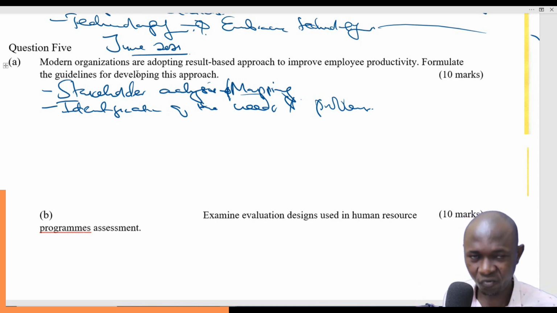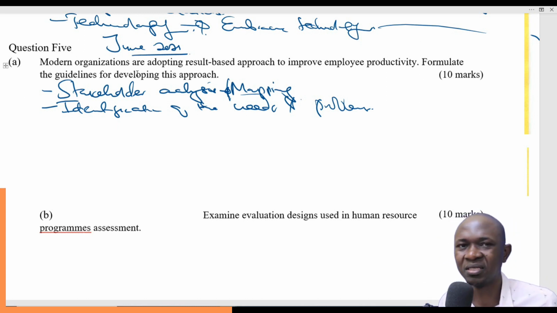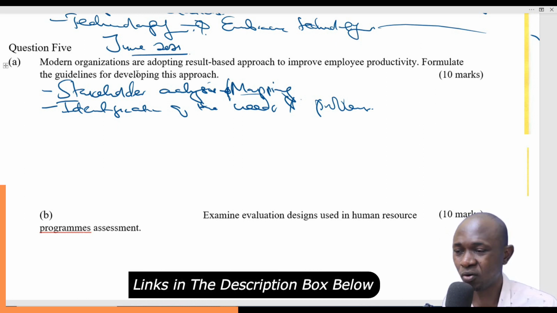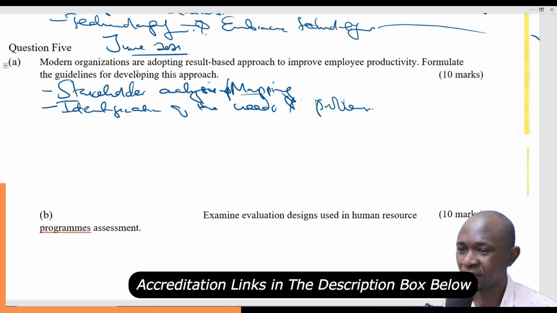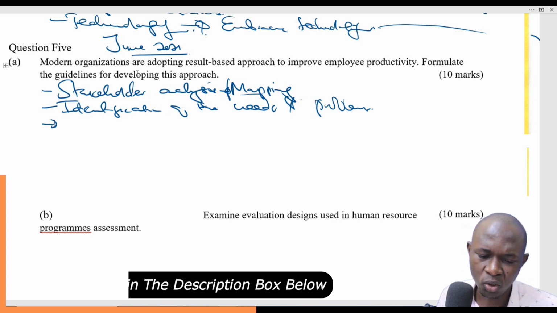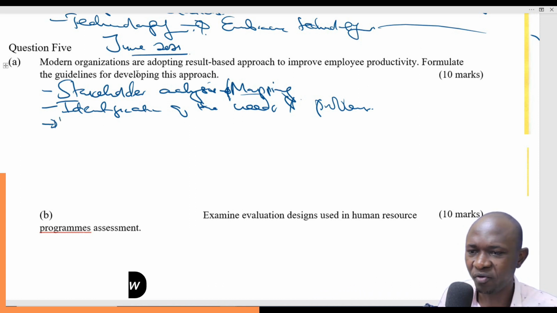What you do can influence, or what he does can influence that relationship. So do some stakeholder analysis or mapping, identify who the stakeholders are, then identify their needs and their problems. Once you determine their needs and the problems, you can use that information to determine the performance framework.